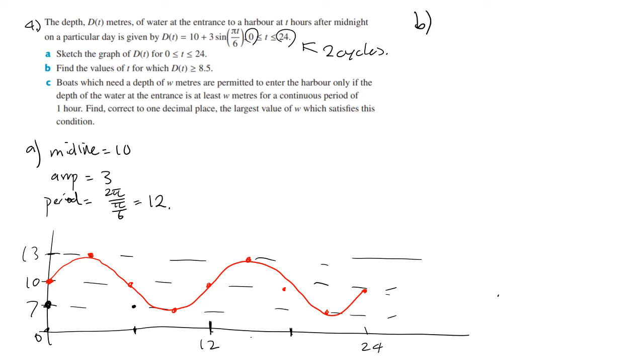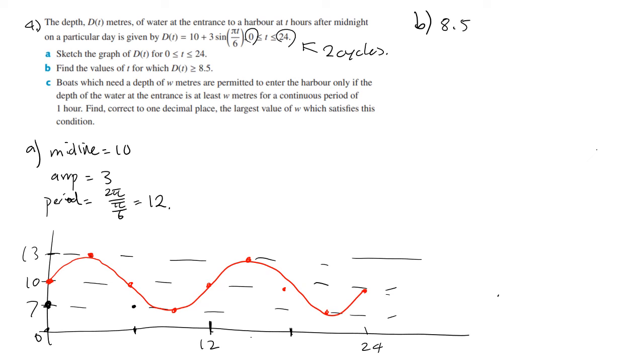Now part B says find the values of t for which d(t) is greater than 8.5. So d(t) is the depth in meters. So let's substitute d equals 8.5.